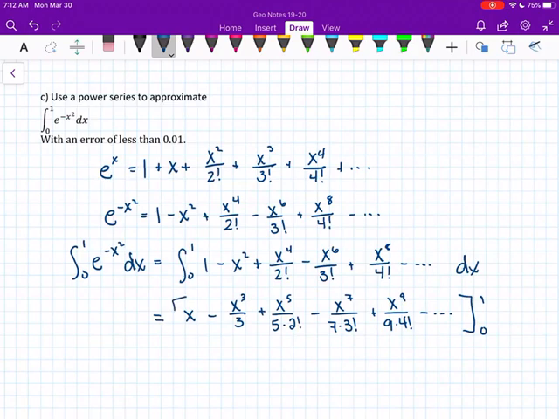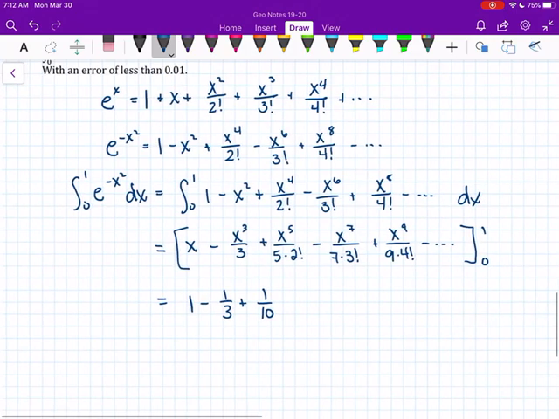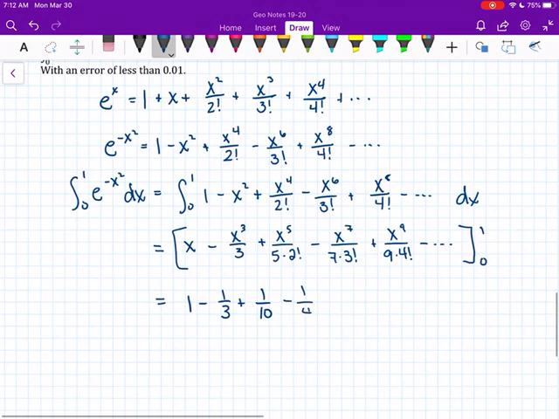And when I plug in 0, I just get 0, so I don't need to worry about the term I'm subtracting. So I am just going to plug in 1. So when I plug in 1, I get 1 minus a third plus a tenth minus 1/42 plus 1/216, okay, and so on and so forth.